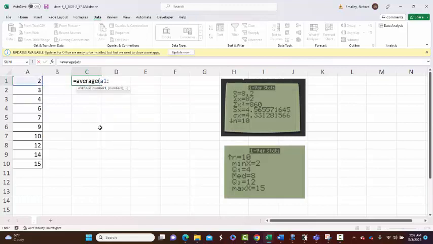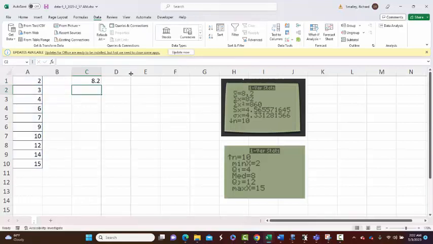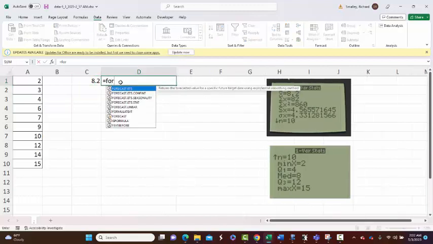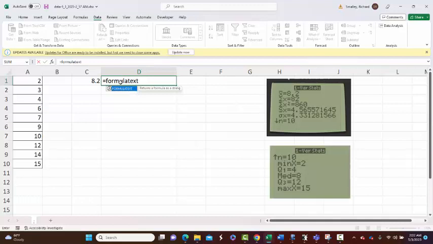A1 to A10. And I can put the formula text right back here so you can see that. That's in cell C1.